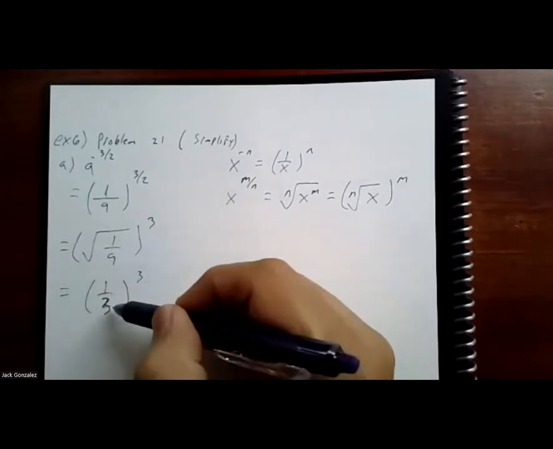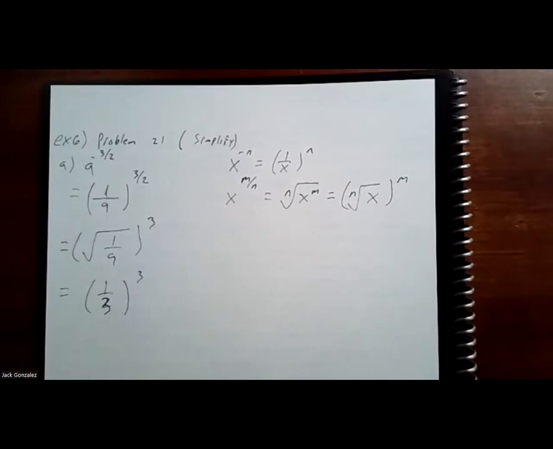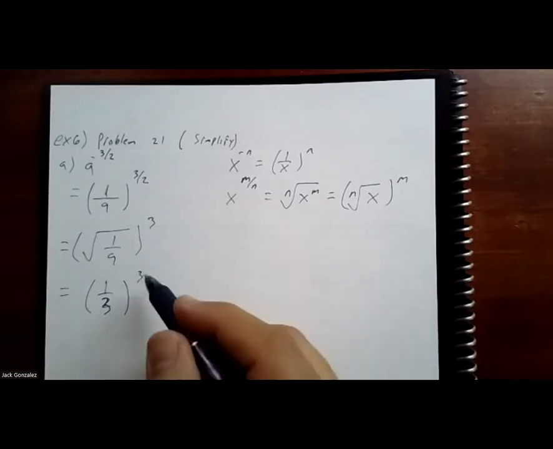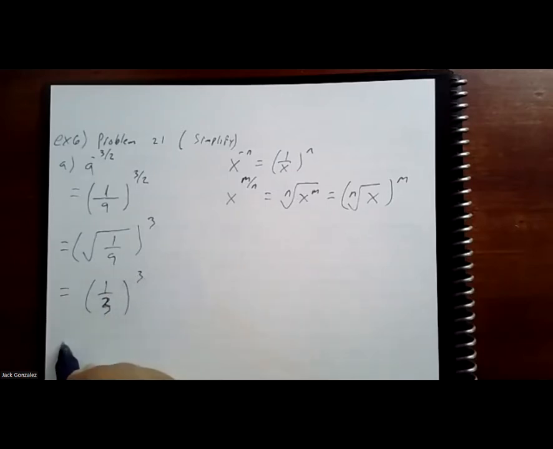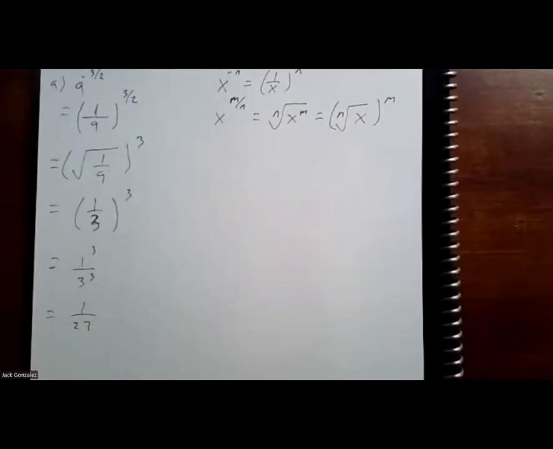Square root of 9, that's a 3. Now cube it. 1 cubed is 1. 3 cubed. Let's show our work this time. 1 cubed over 3 cubed. It's going to be 1/27, right?